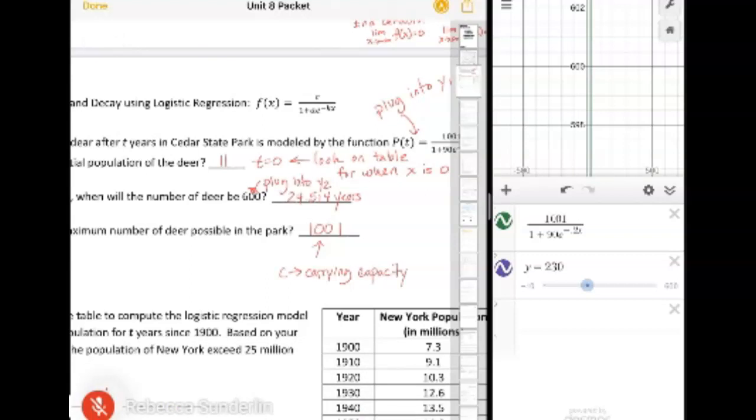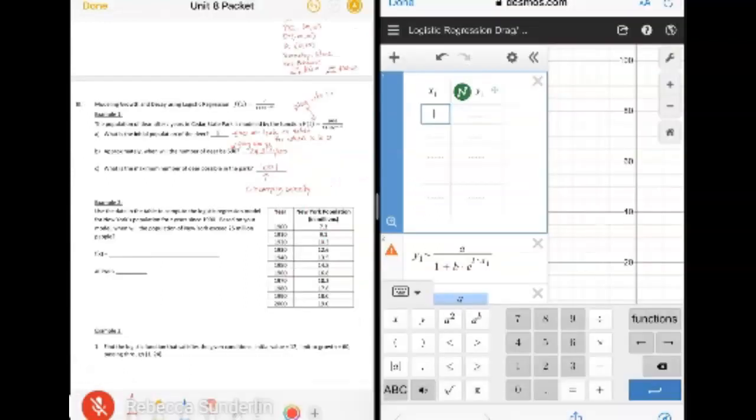Any questions on this problem? Okay, so in this example number 2, am I going to type in 1900 as x1, my first x value? Yes. In our problem, it says T is years since 1900.